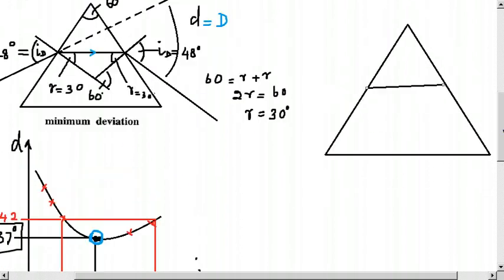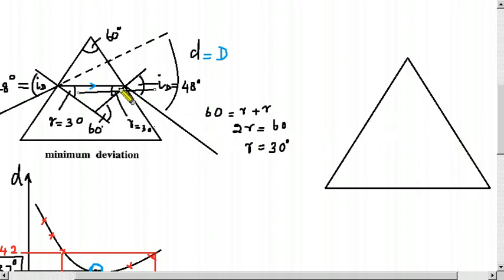To get a higher deviation, it must bend at the first refracting point much more than that, like this. Then only it can get a higher deviation value. So like this I have to draw, not symmetrically.